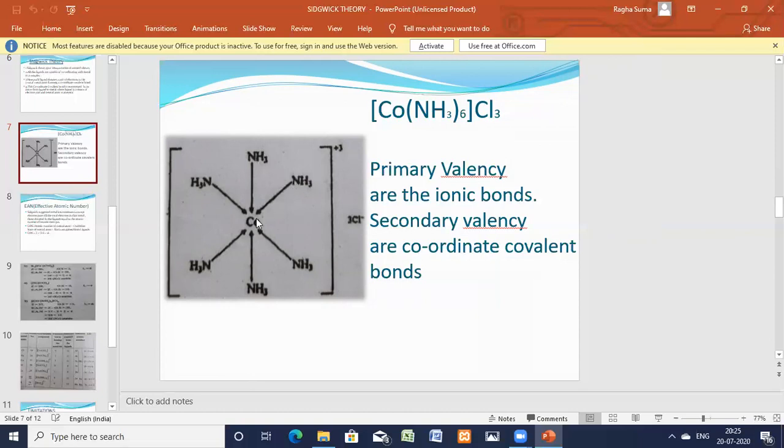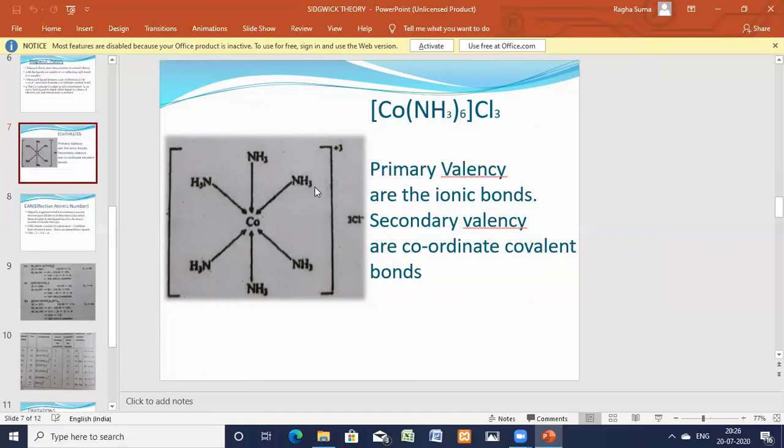Here, this is the coordinate covalent bond. It is represented by the arrow mark. Each ligand forms a coordinate covalent bond. Ligands are the donors and the central metal atom is the acceptor. So this is a Lewis acid and this is a Lewis base.